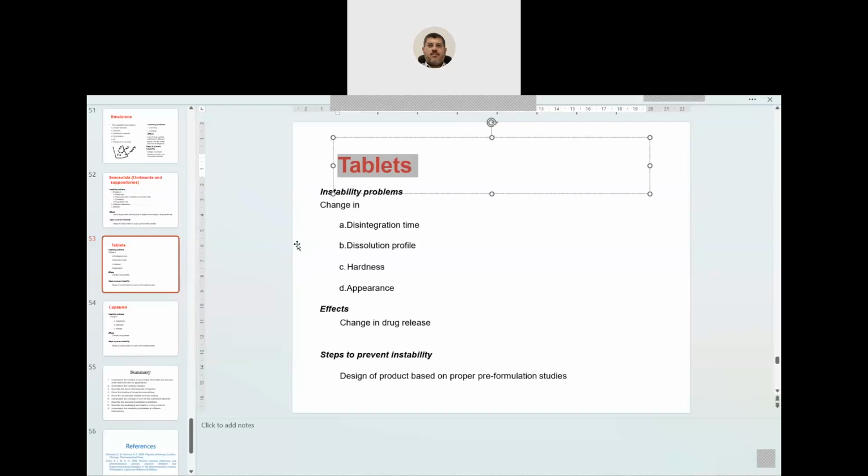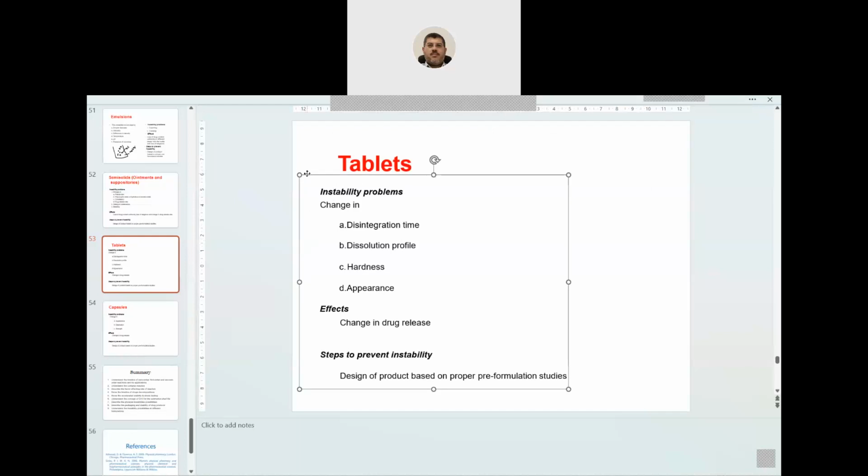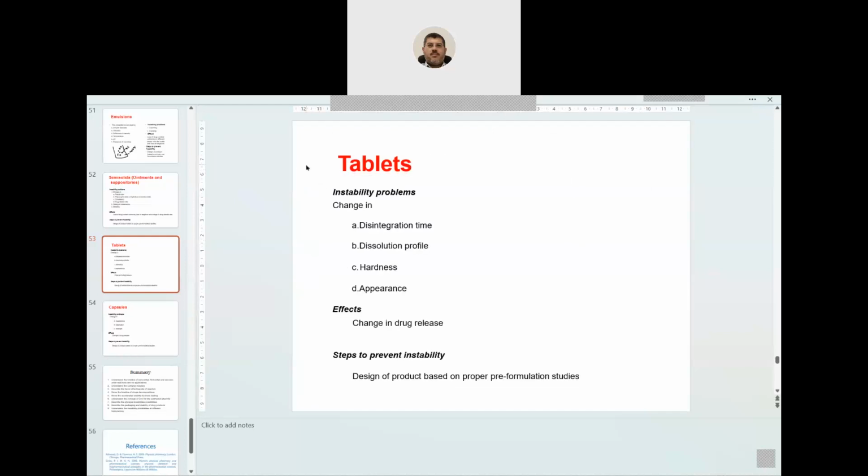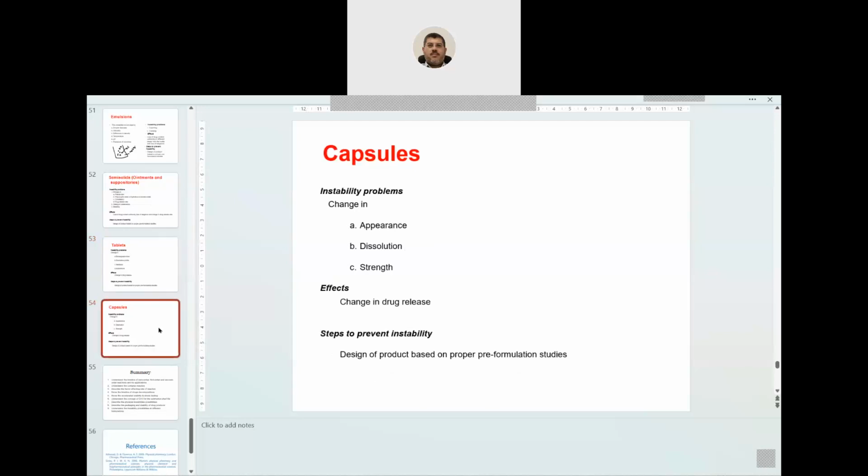So how to prevent instability? Again, by studying the active ingredient and by studying the formulation itself, and trying different formulations, studying the effect of different factors on the formulation performance until we reach the optimum formulation. Okay, and we confirm this also by conducting a stability study that the product has the required characteristics during the shelf life.